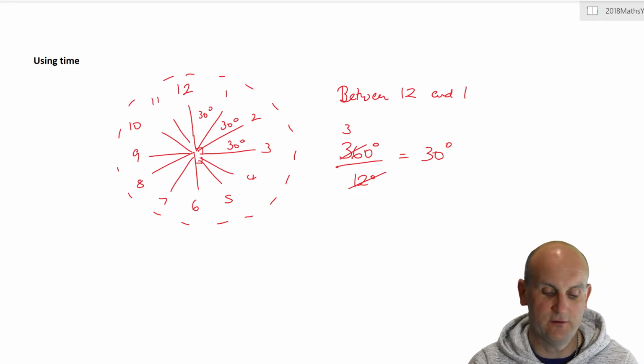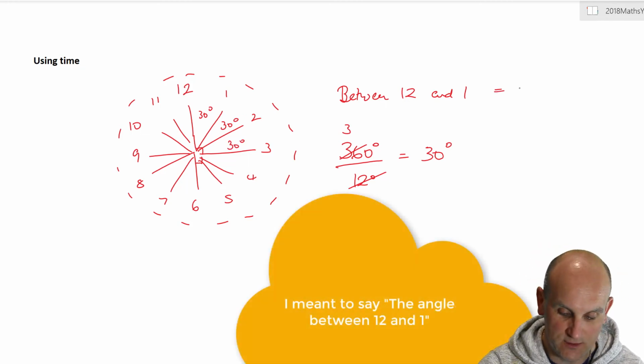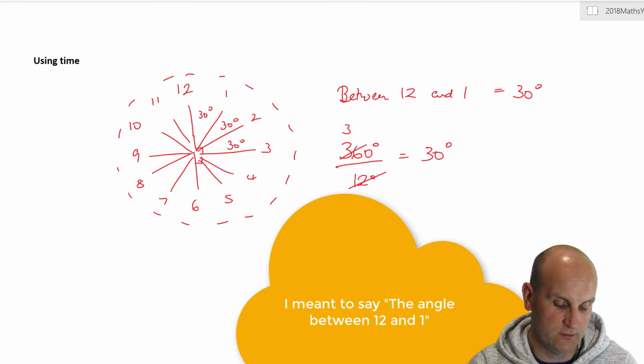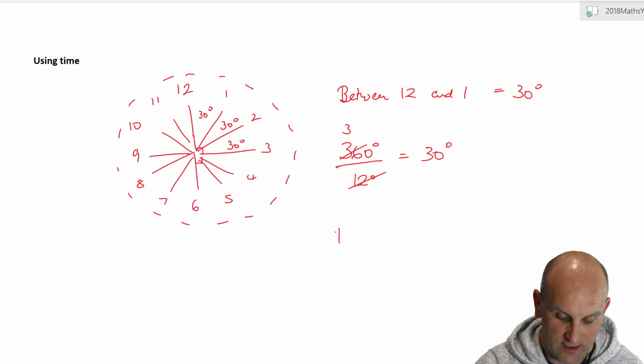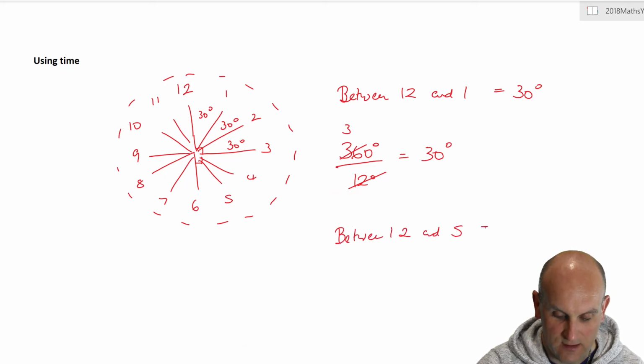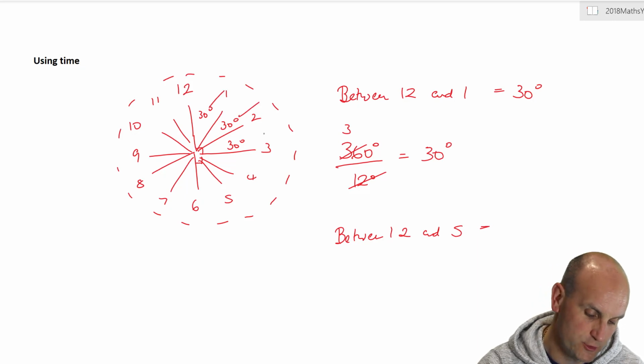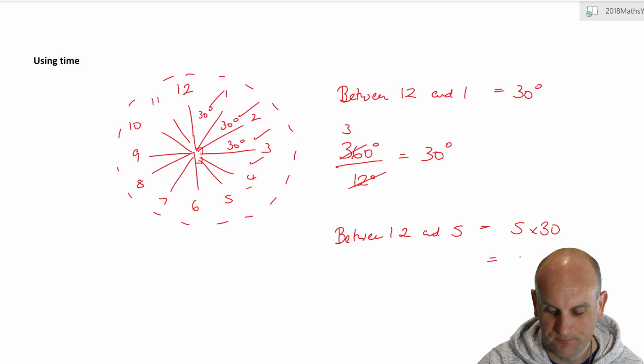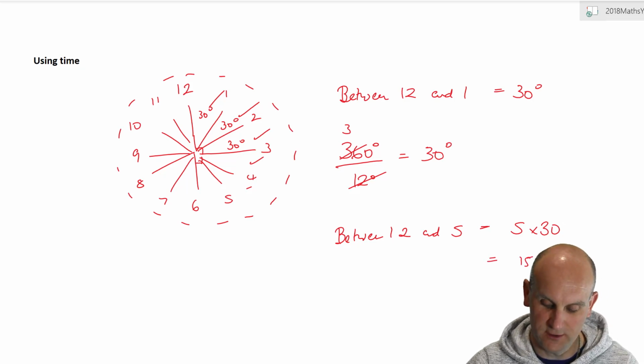So if I wanted to know the angle between 12 and 1, I can simply write 30 degrees. What about between, I don't know, 12 and 5? Well, I've got 1, 2, 3, 4, 5 lots of 30 degrees, which is 150 degrees.